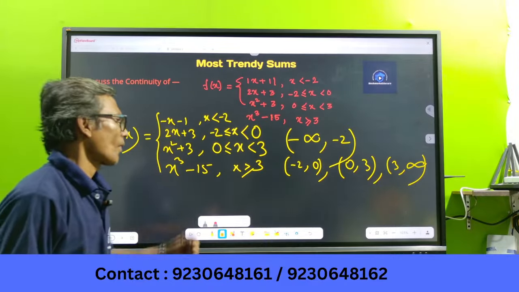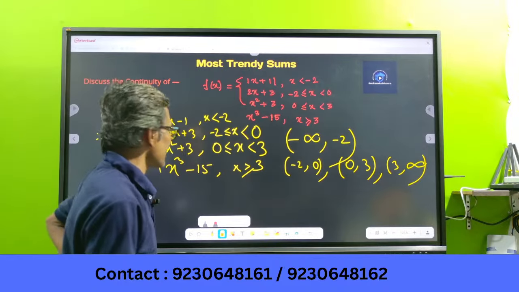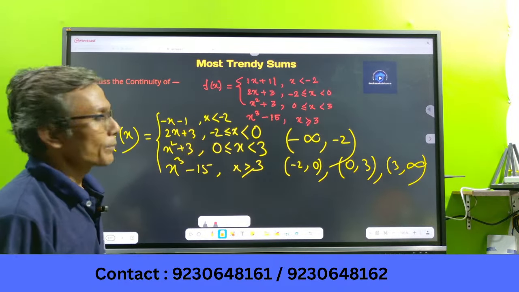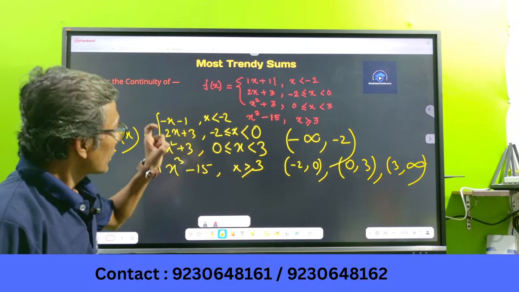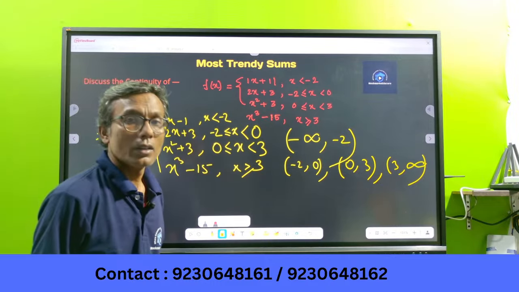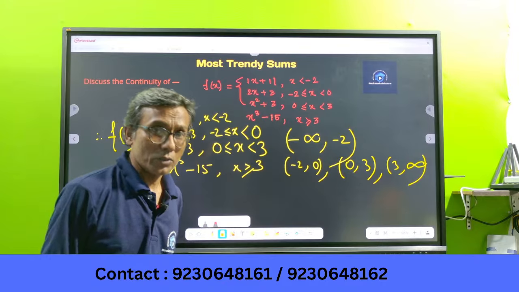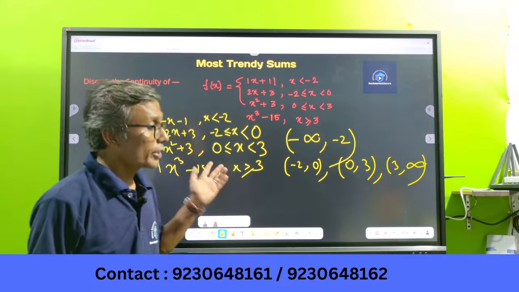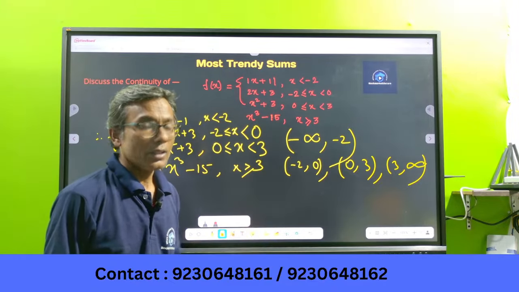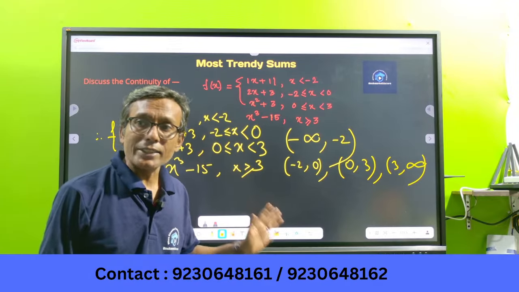So as we see, the function f of x is defined as a polynomial in each of 4 intervals. So the function is a well defined polynomial function in each of the 4 intervals.